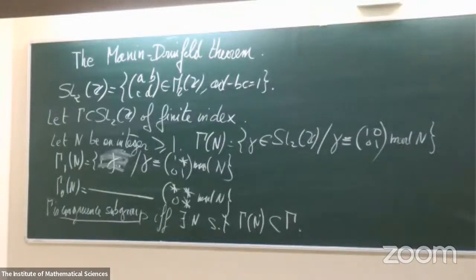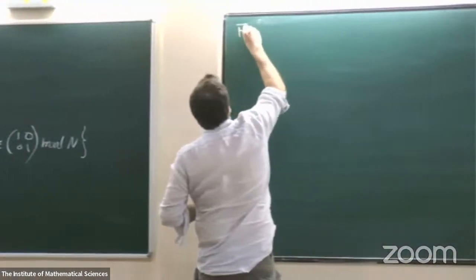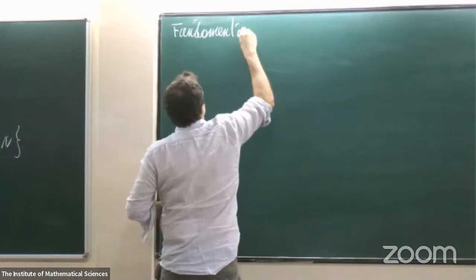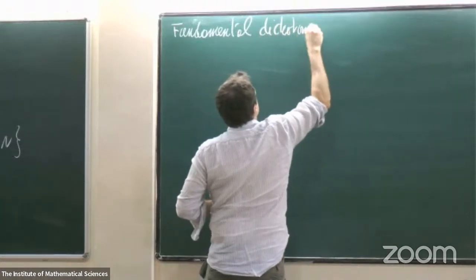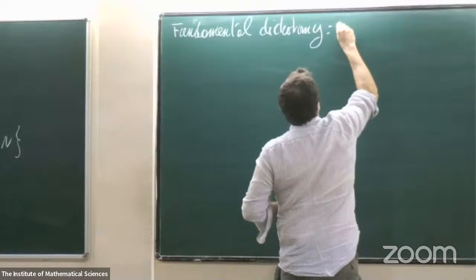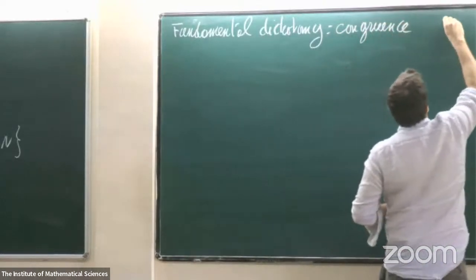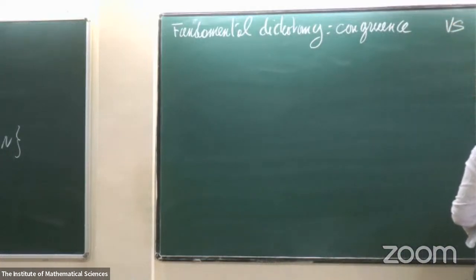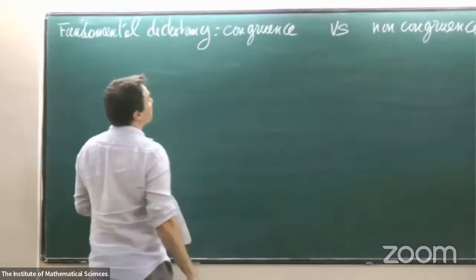So there is a fundamental dichotomy between congruence subgroups and non-congruence subgroups.